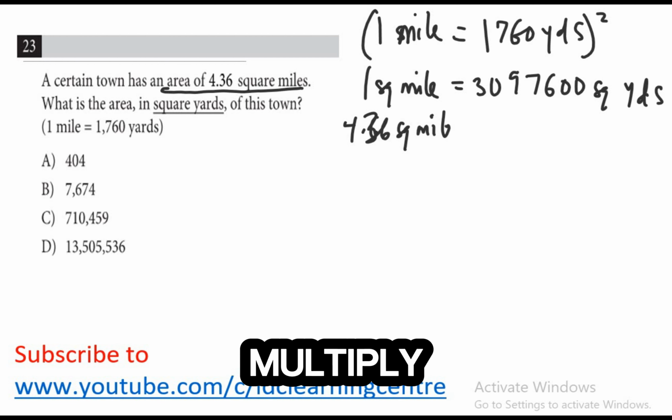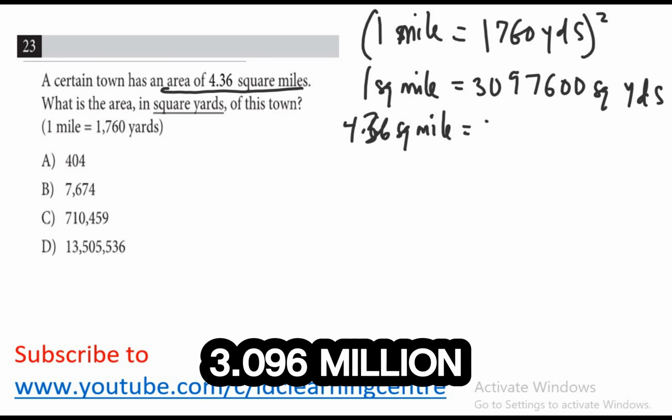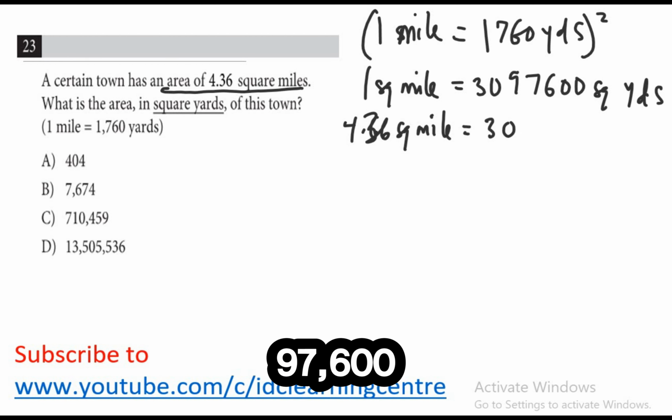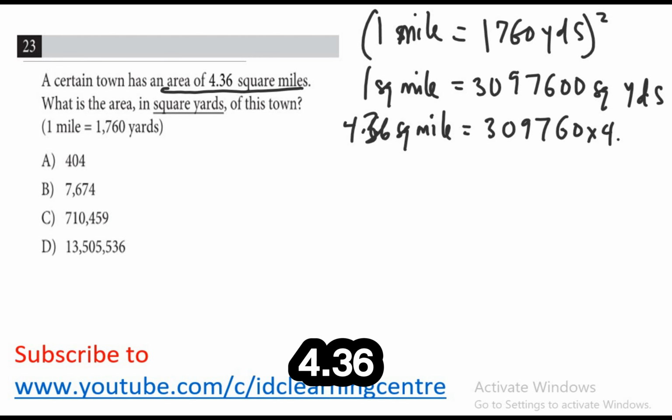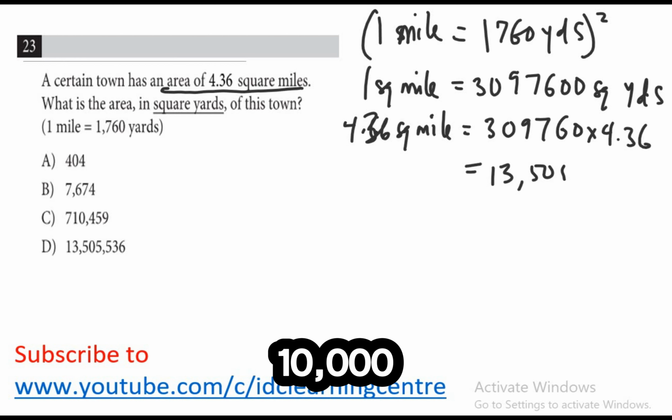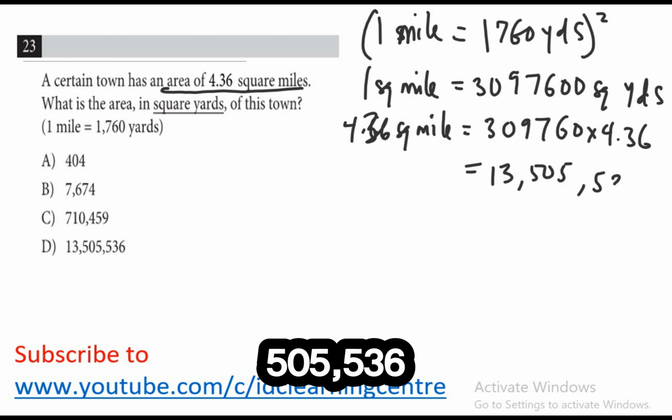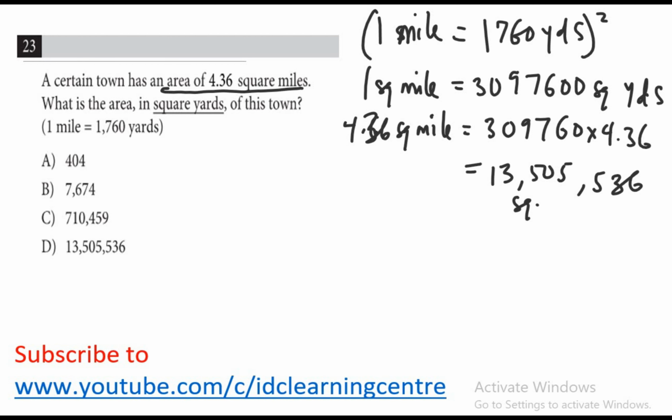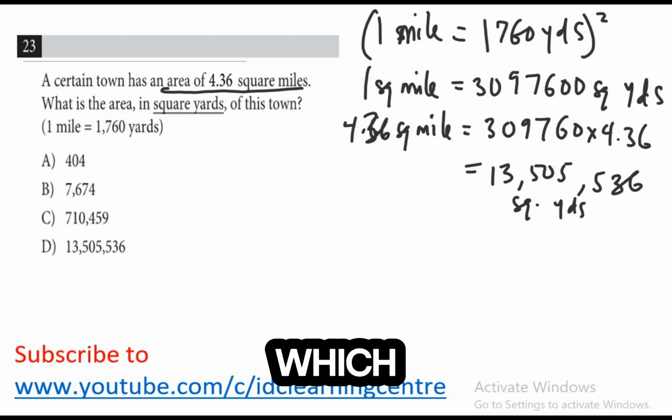All we need to do is multiply 3,097,600 by 4.36. So if you multiply, you get 13,505,536 square yards, which is our option D. I hope that is clear.